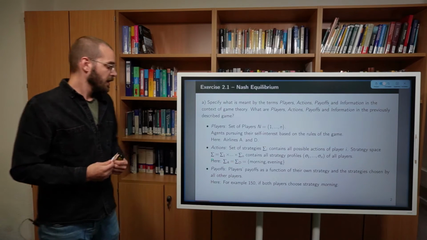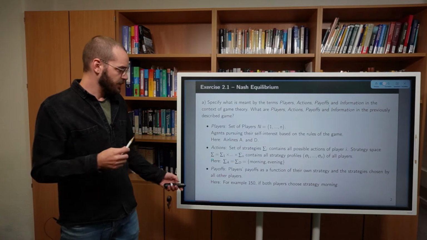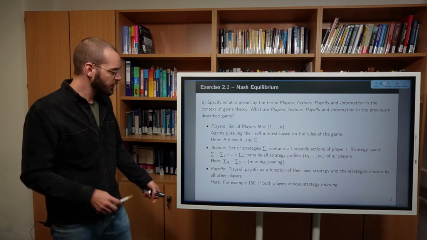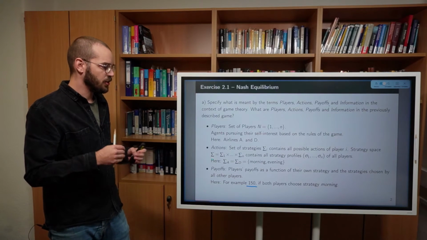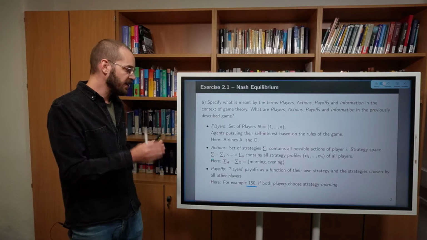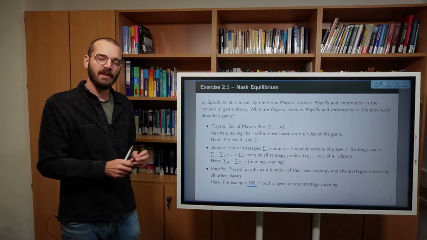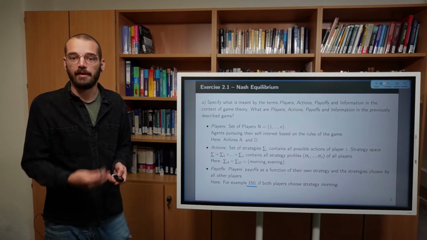In this specific game we are about to analyze, one example for a payoff would be 150 in case both players are choosing morning. So in case both players choose the strategy morning, then the payoff of both players will be 150 in our example.